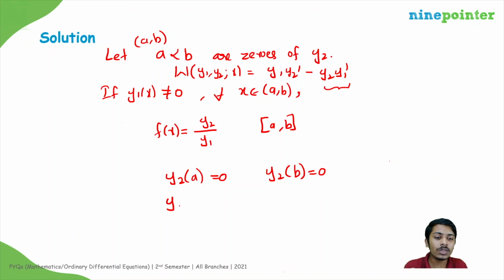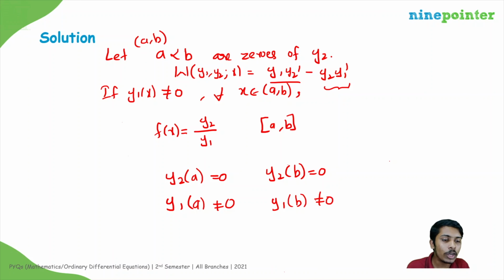So the first term has to be strictly positive or negative, not 0 for sure. In that case we can say y1 of a cannot be equal to 0, and similarly y1 of b also will not be equal to 0, which means we can define f of x as y2 by y1 on the closed interval ab.